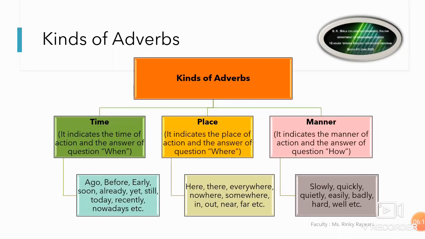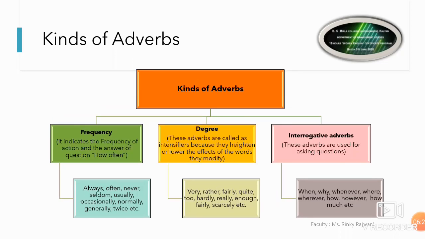When are you going to come back? Whom did you meet? How are you? So when, where, why, how much time you will take to come back, to whom. These are called interrogative adverbs.